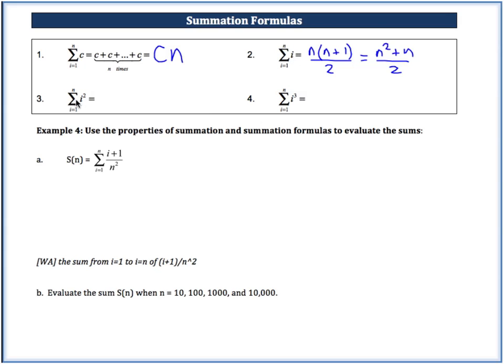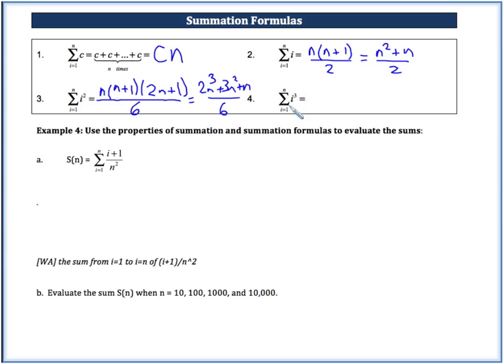So here, if we have i squared, we get n times (n plus 1) times (2n plus 1) all over 6. And another way you might see this, if we distributed all this out, we would get (2n cubed plus 3n squared plus n) over 6.